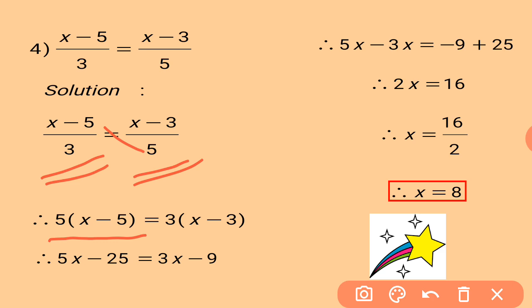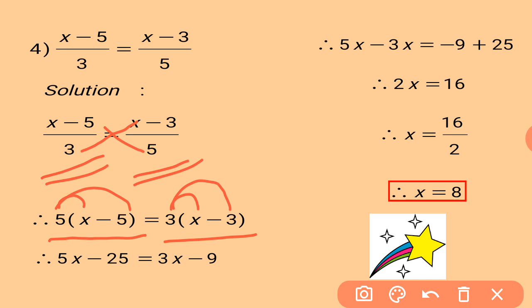Then the next multiplication, 3 is to be multiplied by x minus 3. So you get 3 multiplied by, in the bracket, x minus 3. The next step is opening the bracket. 5 is multiplied by x, 5 is multiplied by 5 with the minus sign in between. Here 3 is multiplied by x and then 3 is multiplied by 3 with the minus sign in between.